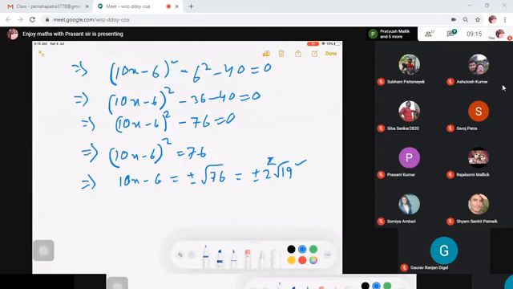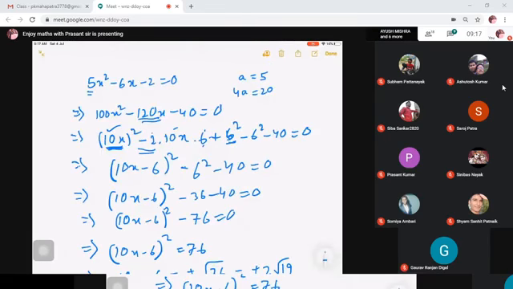So what are the two roots? The roots are 3 plus square root of 19 by 5 and 3 minus square root of 19 by 5. So in this way we have found the roots of the quadratic equation by completing the square. In this method we have multiplied the whole equation by 4a. Now let us take another example.